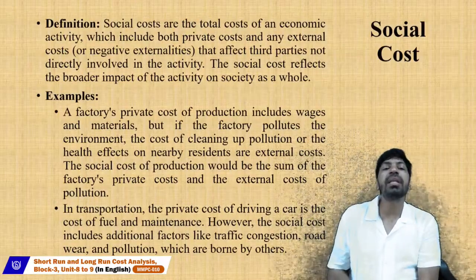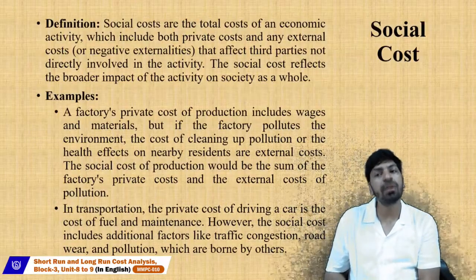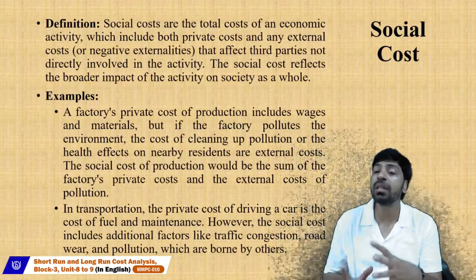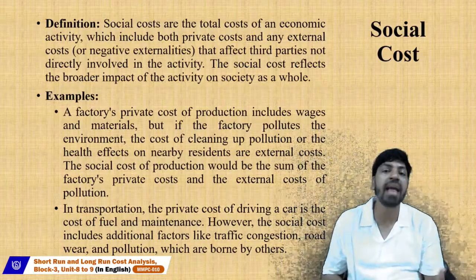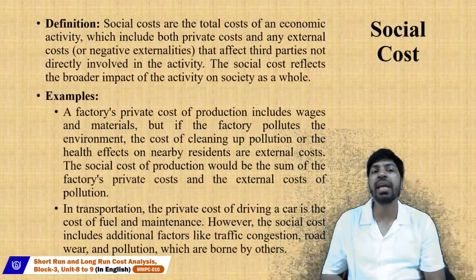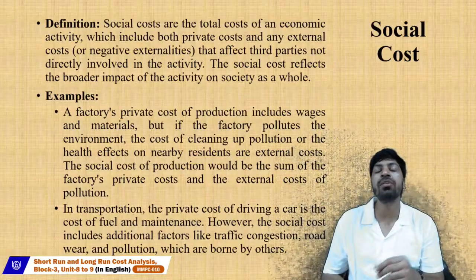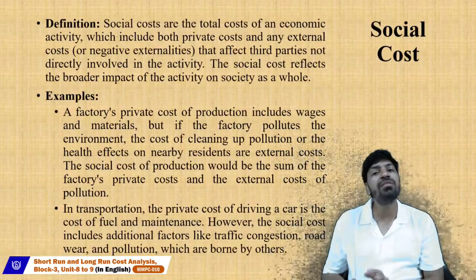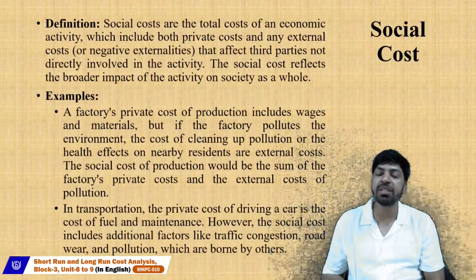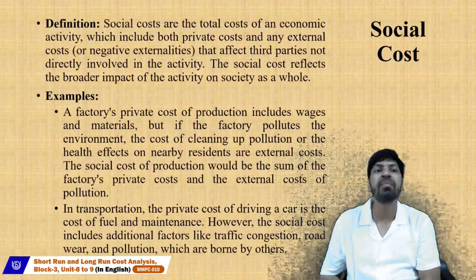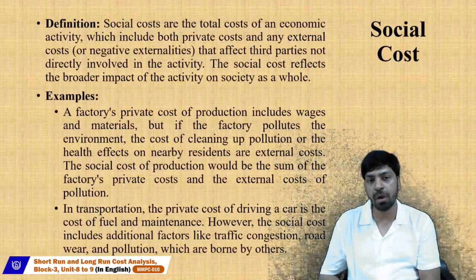Now we can come to the next cost, the social cost. Social costs are also known as the total cost of an economic activity, which includes both private costs and any external costs, or negative effects on third parties who are not directly involved in the activity.